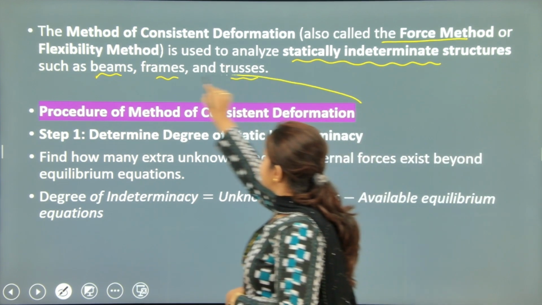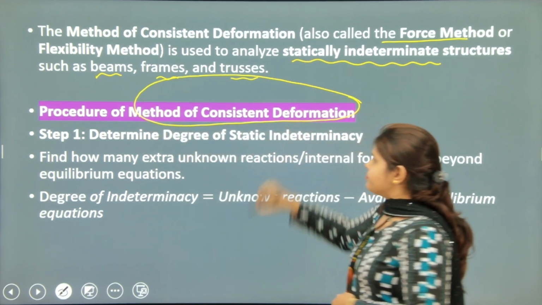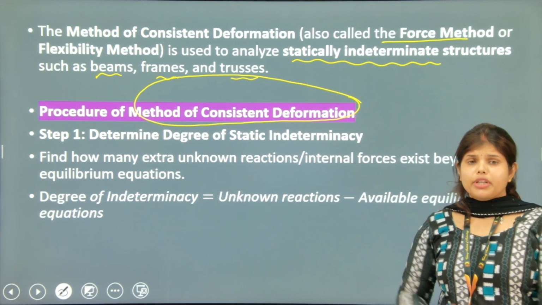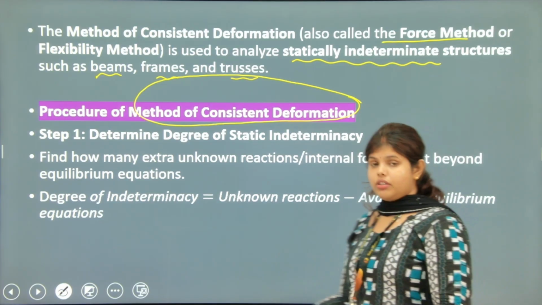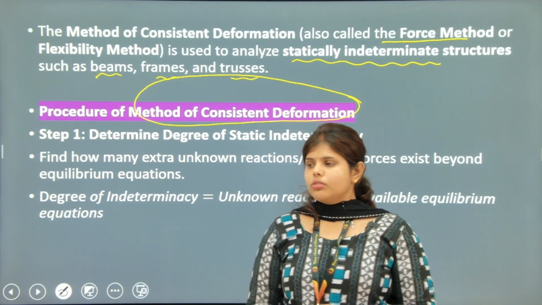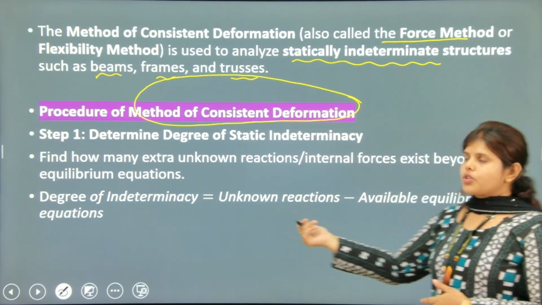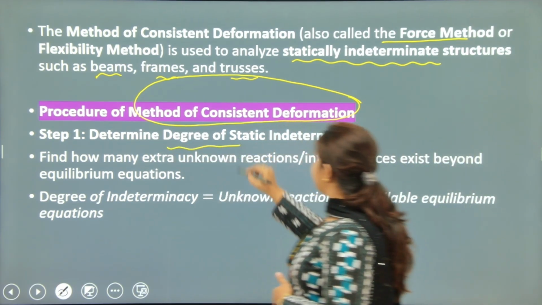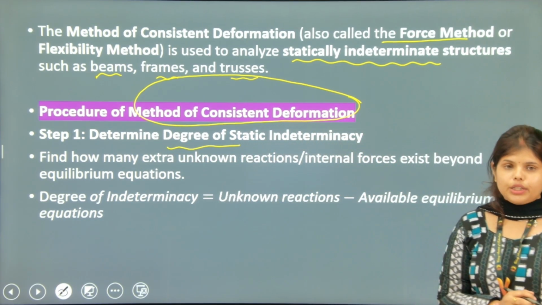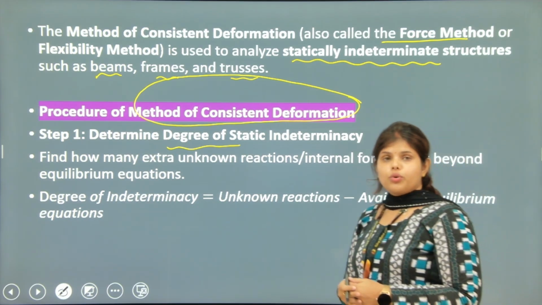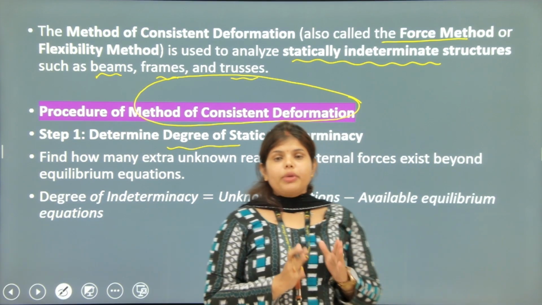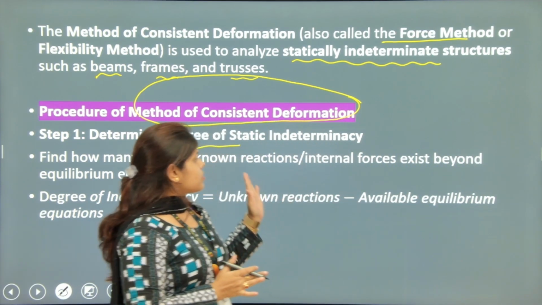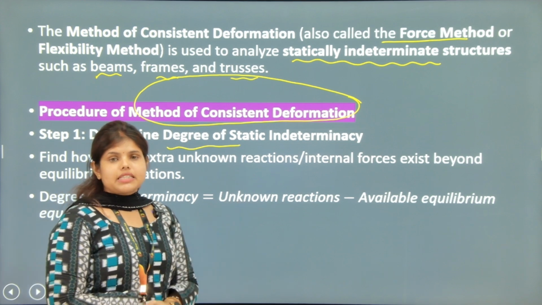Let's go for the procedure to solve by the method of consistent deformation. First thing, we need to draw the structure. Then we go for determining the degree of static indeterminacy. First, we will find out how many extra unknown reactions or internal forces exist.